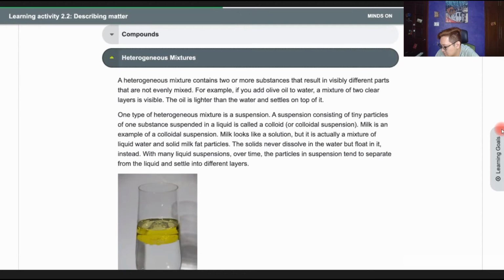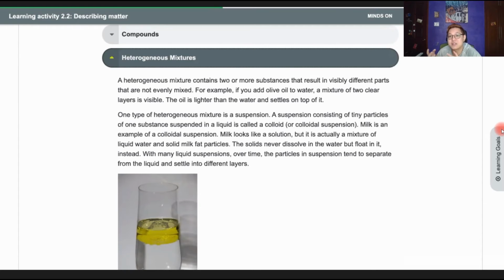One type of heterogeneous mixture is a suspension. A suspension consists of tiny particles of one substance suspended in a liquid. It's called a colloidal suspension. Colloid is basically glue.